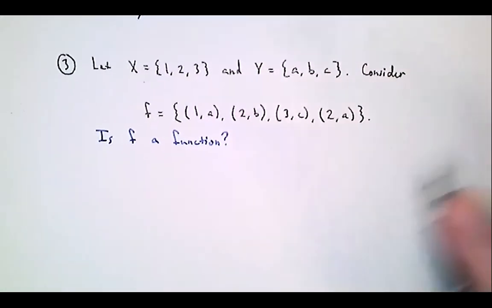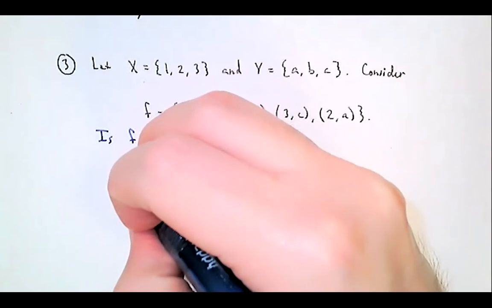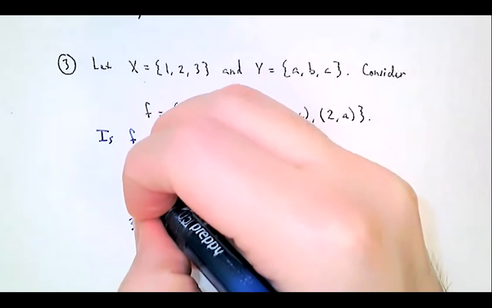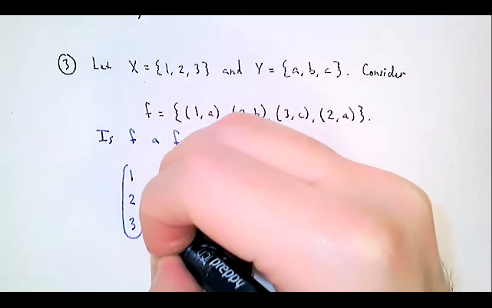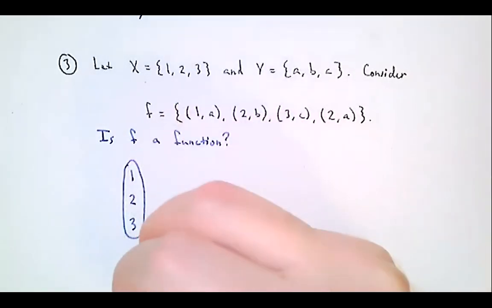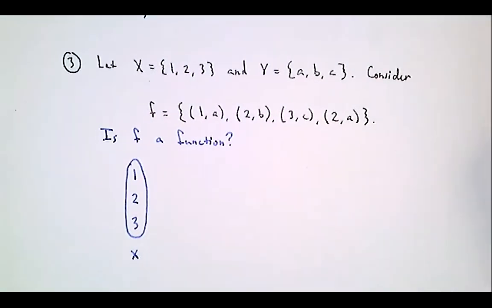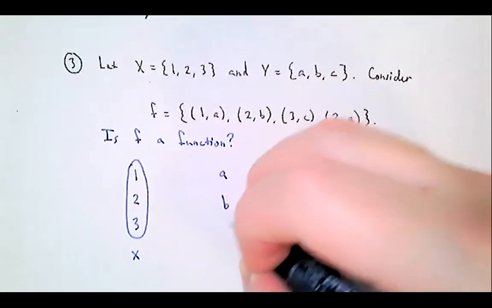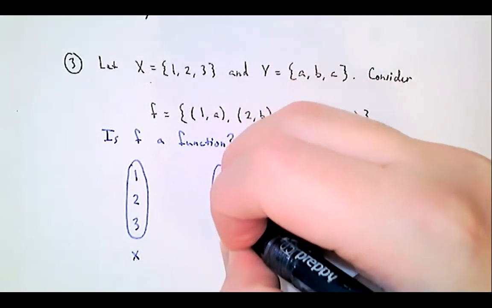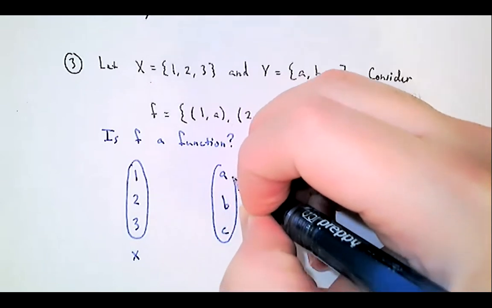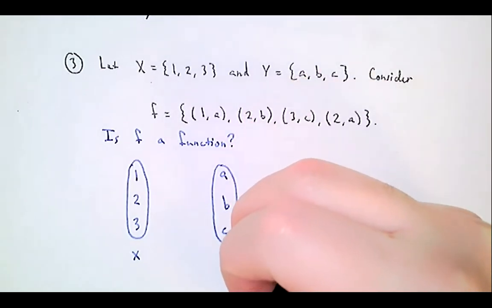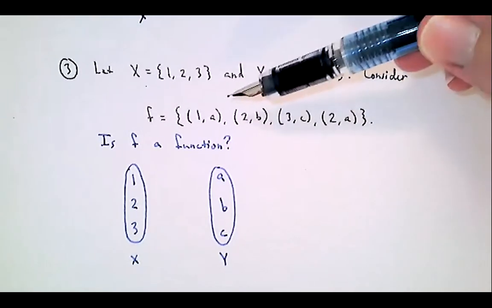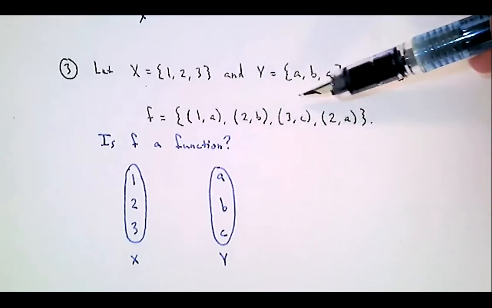So we'll make our arrow diagram. There's the set X. We'll make another column for the set Y. Now we have 4 arrows to draw, 1 for each of the ordered pairs.